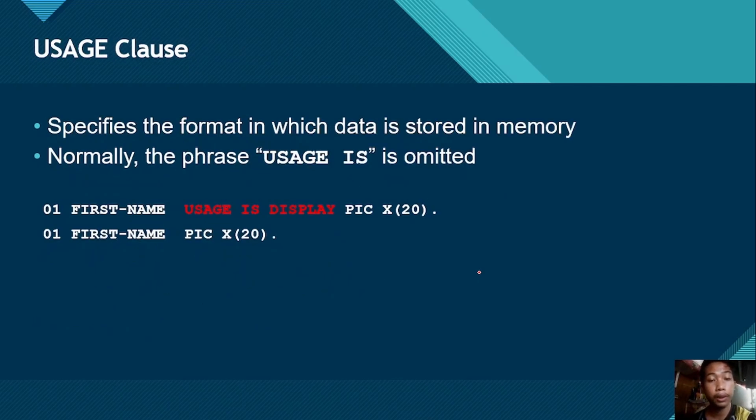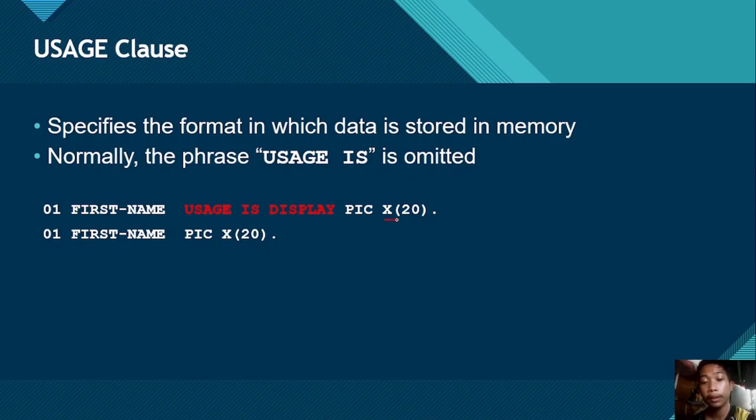So the usage clause specifies the format in which data is stored in memory. Normally, the phrase usage is omitted. So an example of this, first name usage is display, pic X parenthesis 20.